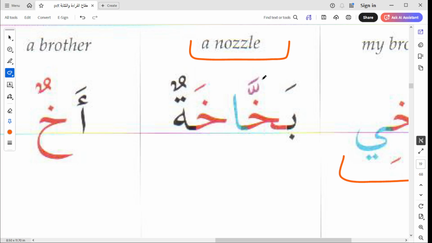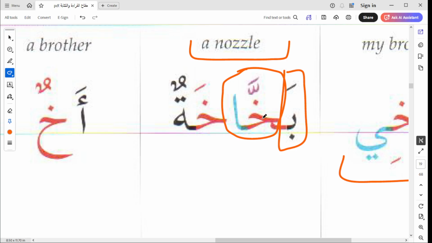Alright, let's see now what is a nozzle in Arabic. A nozzle in Arabic is going to be, let's decipher it and look at each letter by itself. So this is Ba with Fatha, so it's Ba, and after that there is Khaa with Fatha and Shadda, and there is Alif. So this is also a long vowel and a stressed vowel at the same time.